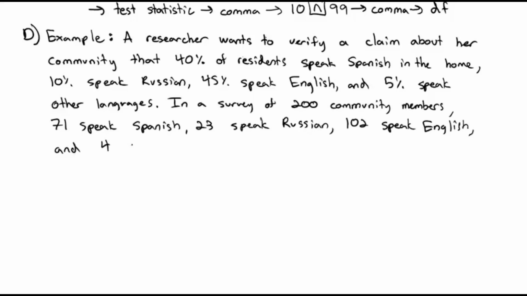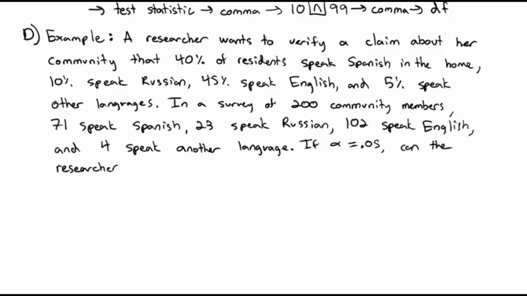And 4 speak another language. If alpha equals 0.05, can the researcher conclude the claimed distribution is accurate?